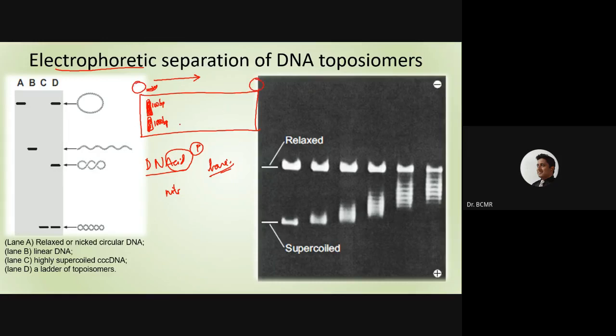How should the electric field be? The DNA is already negatively charged. It will only move towards the positively charged. Therefore, the electrode here should be positively charged and the electrode here should be negatively charged. Then when it is connected to the electrical field, DNA molecules will move towards the positively charged electrode.